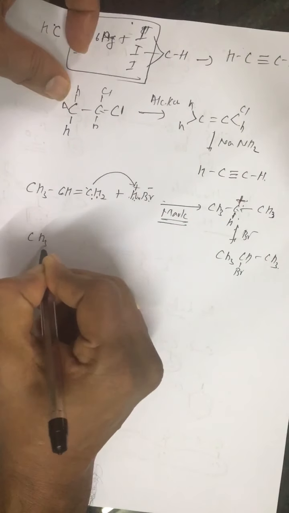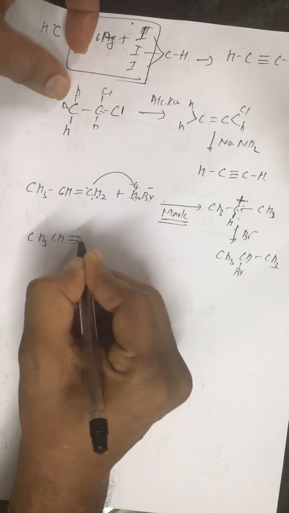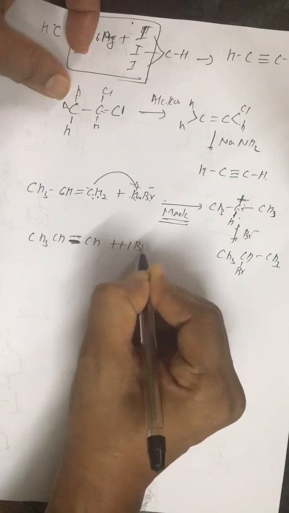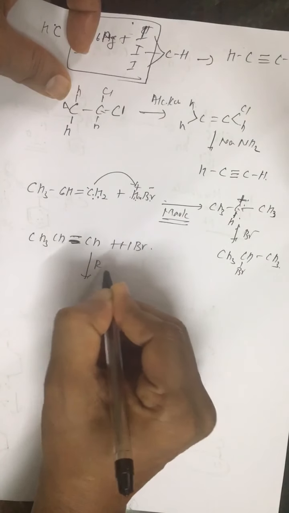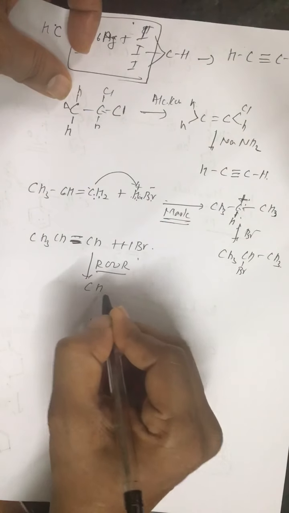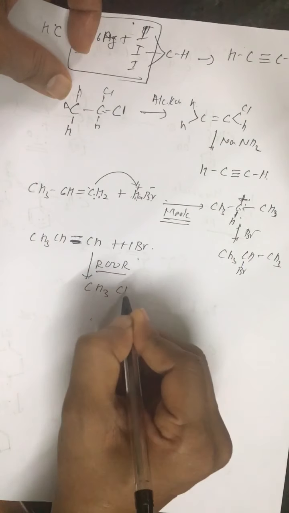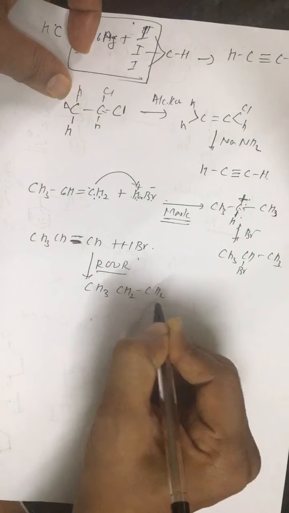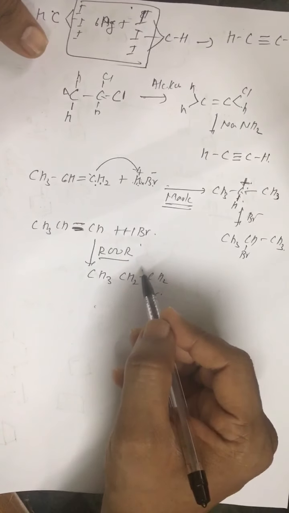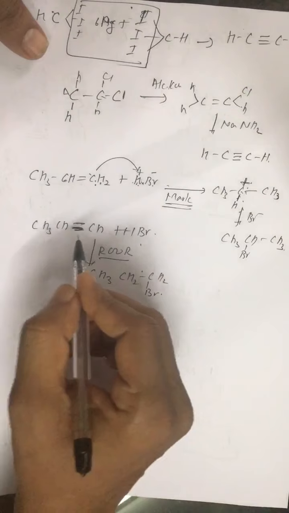Whereas if propene is treated with HBr in the presence of a peroxide, then it is a different mechanism. This is called anti-Markovnikov's addition, and we get 1-bromopropane as the major product. This is a free radical mechanism, so you should be careful.